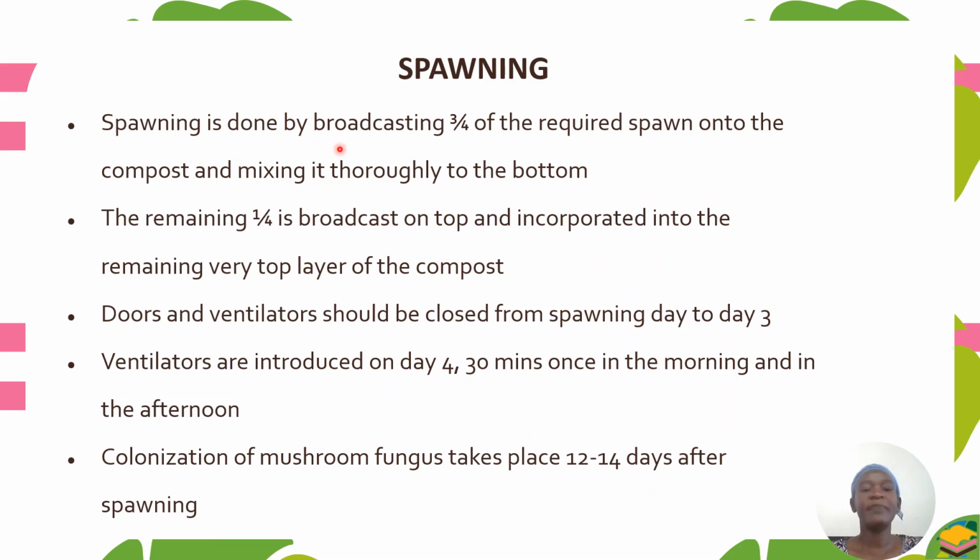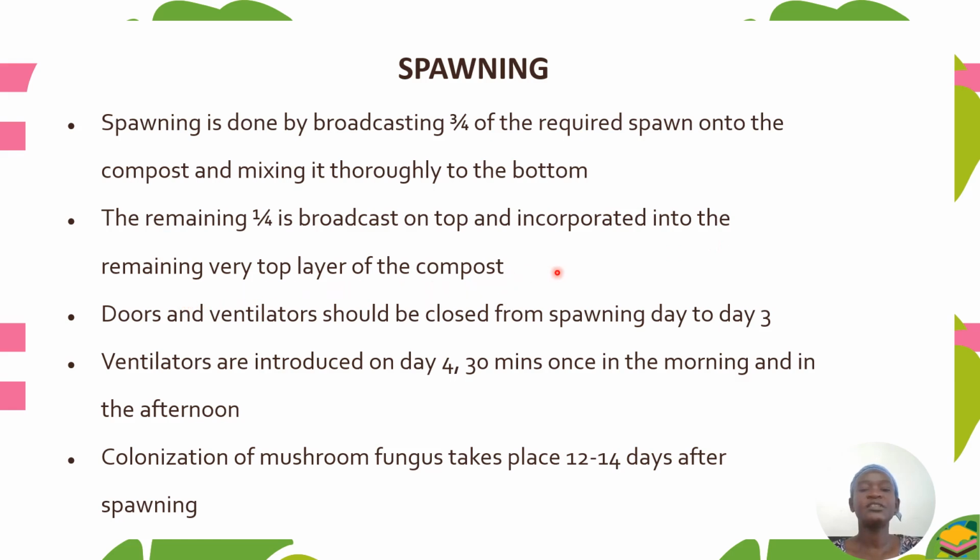Spawning is done by broadcasting 3/4 of the required spawn into the compost and mixing it thoroughly to the bottom. Then the remaining quarter is broadcast on top, incorporated into the top layer of the compost.